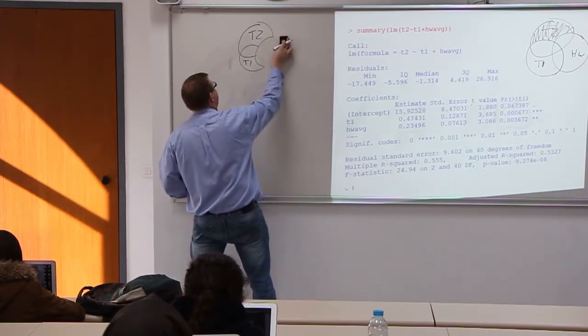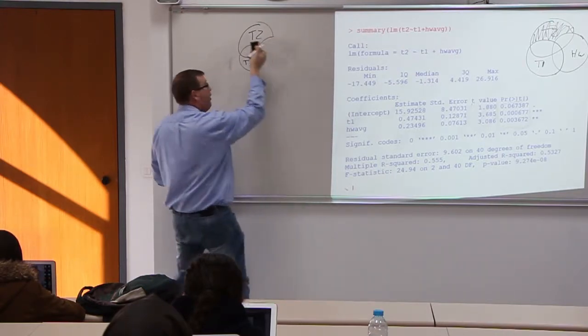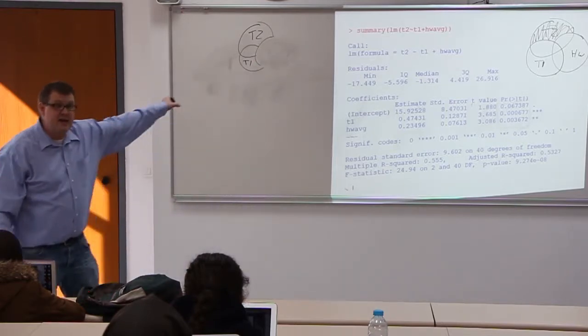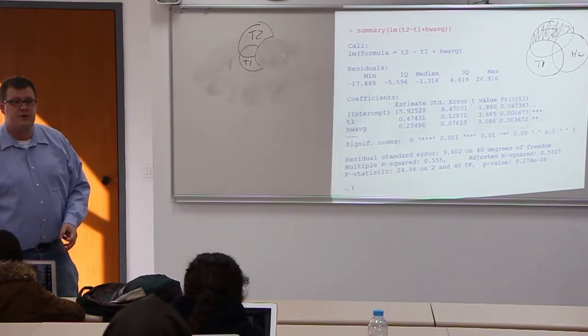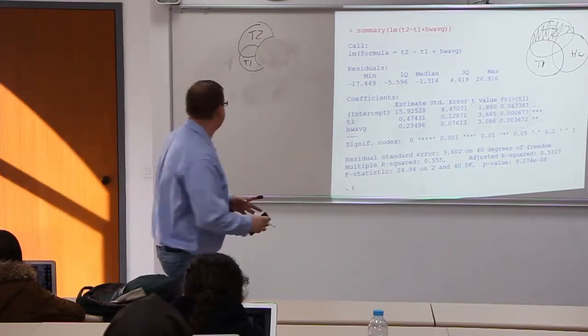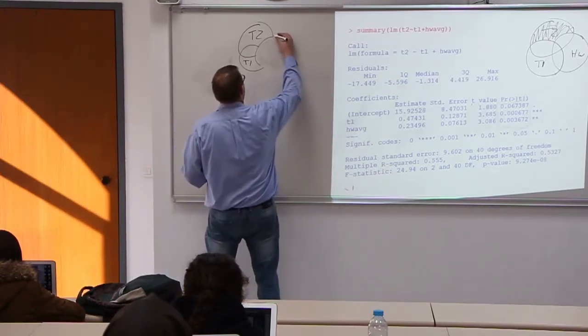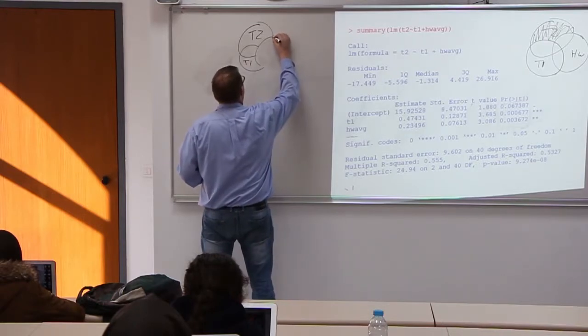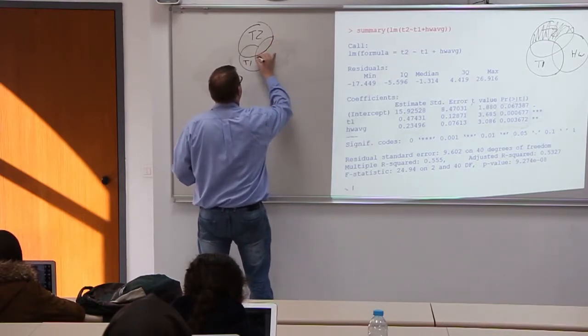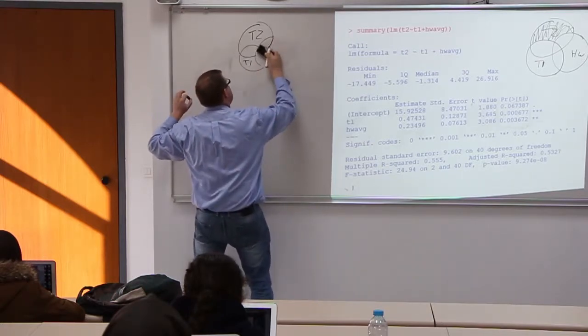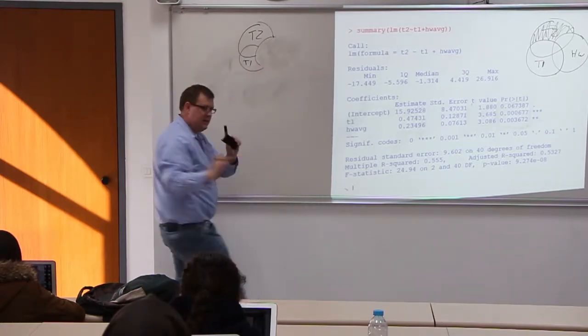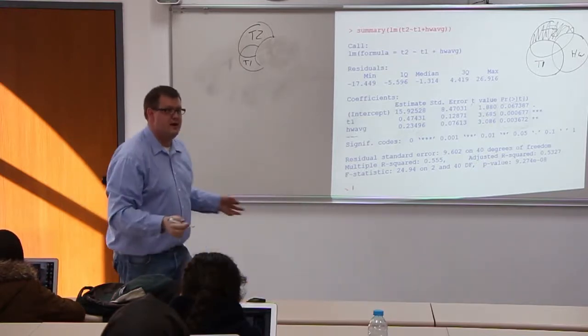So we're going to get rid of all of the variance in both test 2 and test 1 that's related to homework. Now this is different from the semi-partial. With the semi-partial, we were getting rid of only the... let's do the partial first. All right?